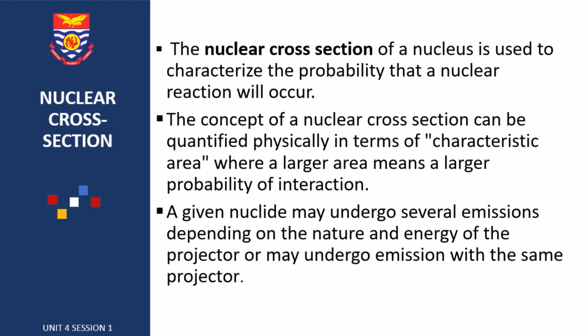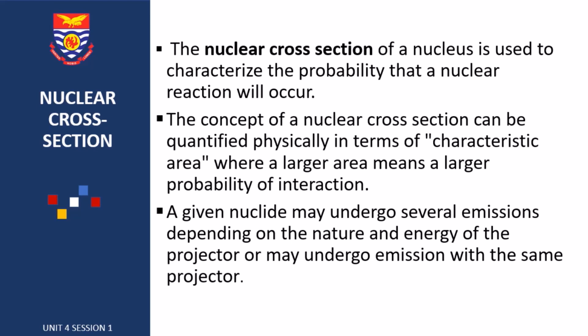But we have already stated that the atom is made up of a lot of empty spaces, which means that when we make these particles incident on the atom, most of them will pass through the atom, and only a few of these particles will actually interact with the target nucleus to cause a nuclear reaction.